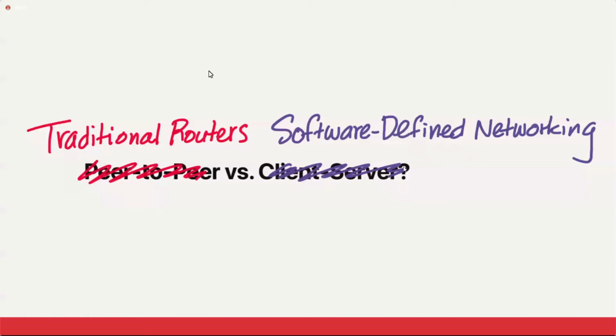So let's use more of a client-server architecture to run software-defined networking protocols. But so far, it doesn't seem like traditional routers are breaking at all. It doesn't seem like the migration to software-defined networking is very fast. So why is that?